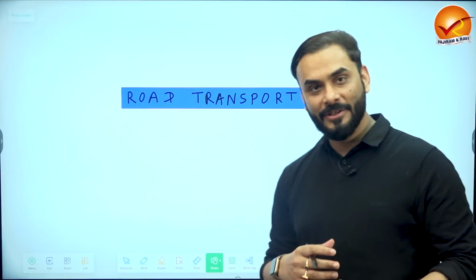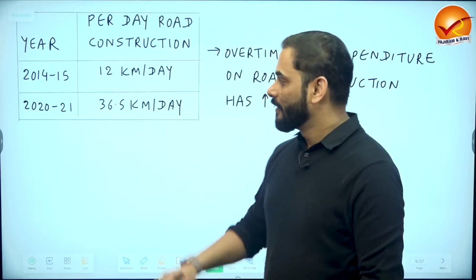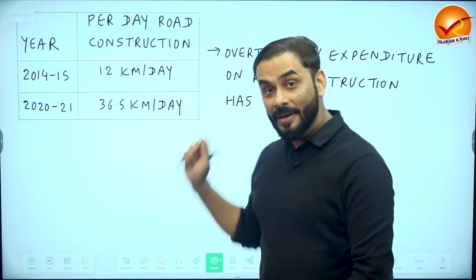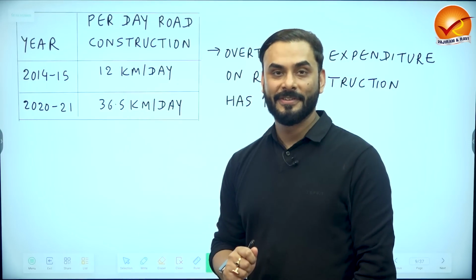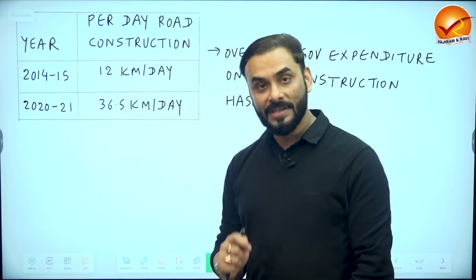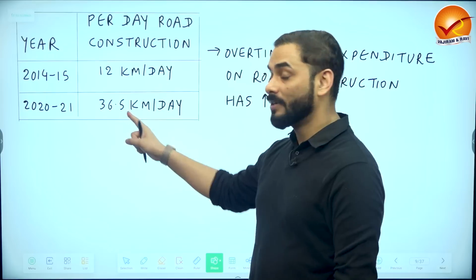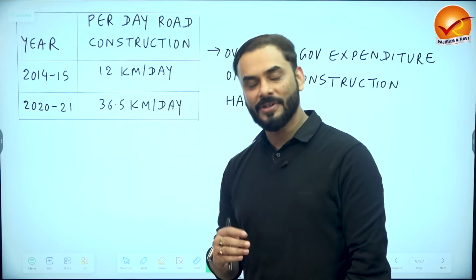So let us begin with road transportation. If you look at the year 2014-15, per day road construction in India was 12 kilometers. If you look at the year 2020, every day on an average, almost 36.5 or 37 kilometers of roads were constructed in India.